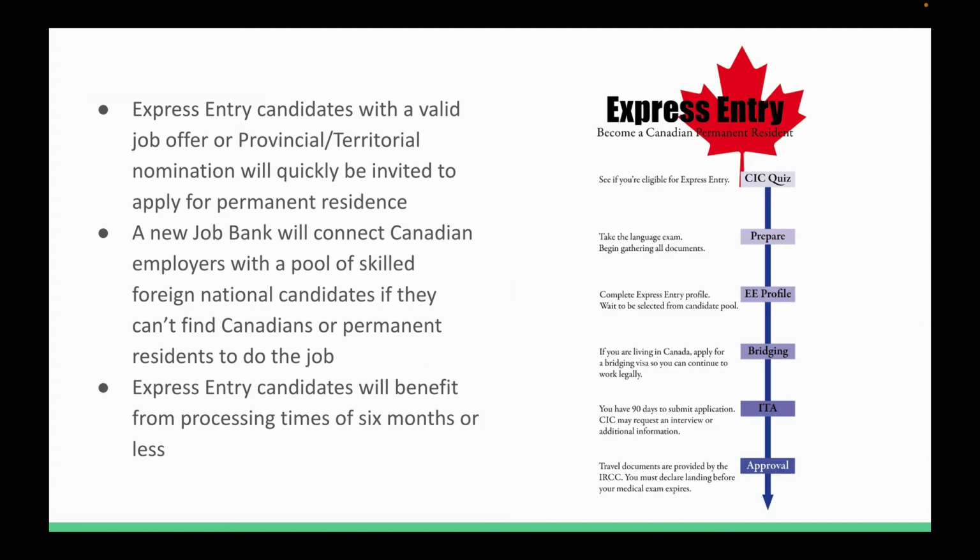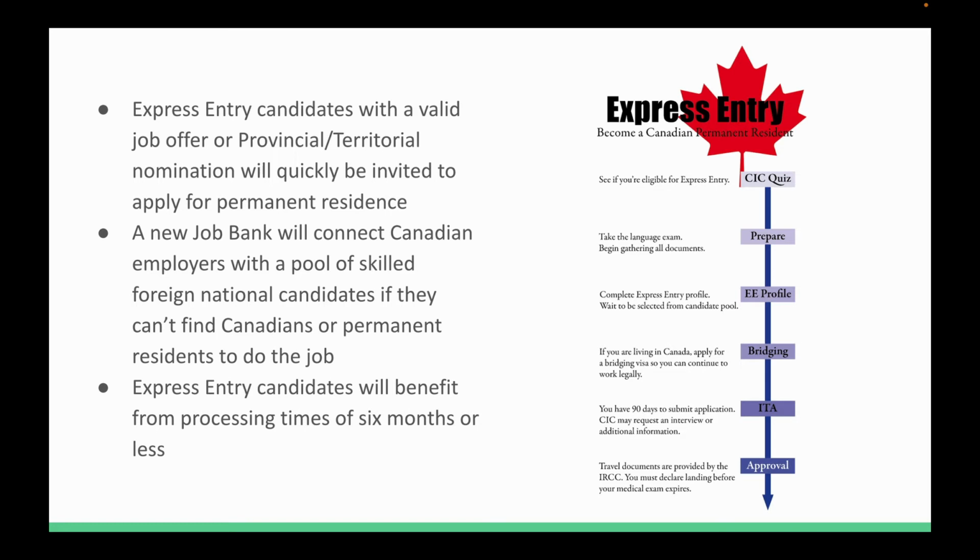Now, if you are a candidate with Express Entry and you have a valid job offer from one of the provinces or one of the territories, you're quickly going to be entering the country. There's a new Job Bank that's going to connect potential Canadian employers with a vast variety of skilled foreign national applicants if they can't find Canadians or permanent residents to actually do that job here in Canada.